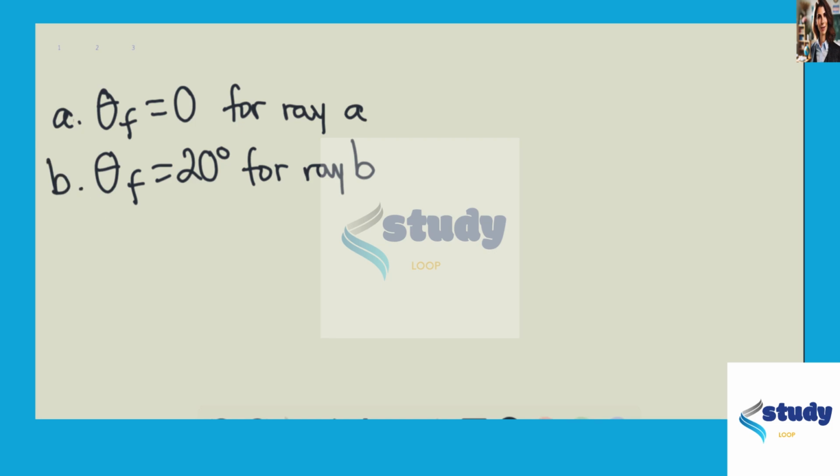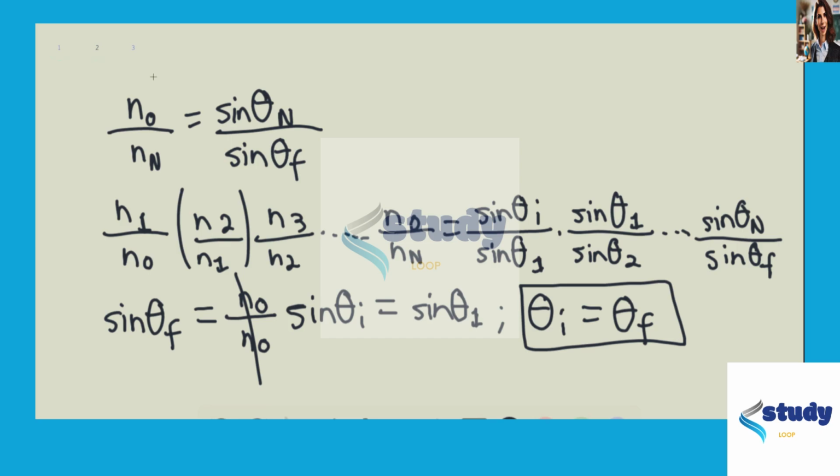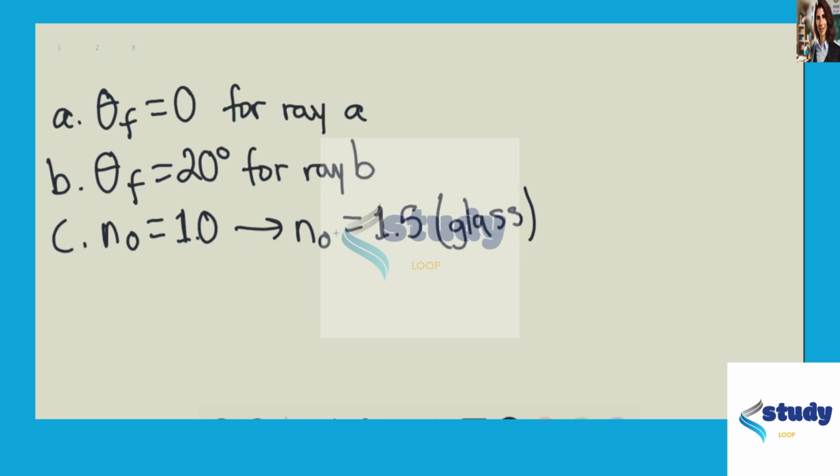For part C, however, all we need to do here is change the value of n naught equaling 1.0 to n naught equaling 1.5 for glass. But again, because in the initial part A they both cancel out, it doesn't really matter what the medium is.